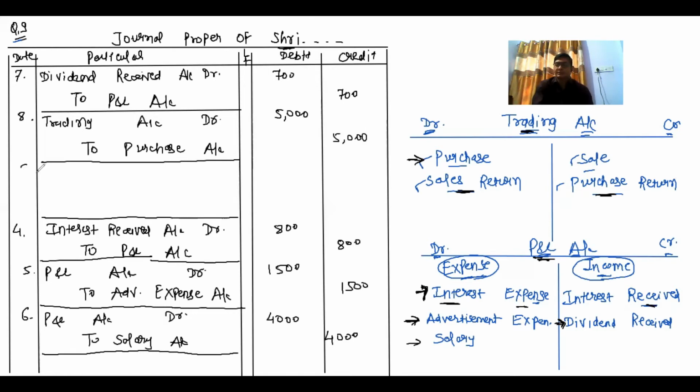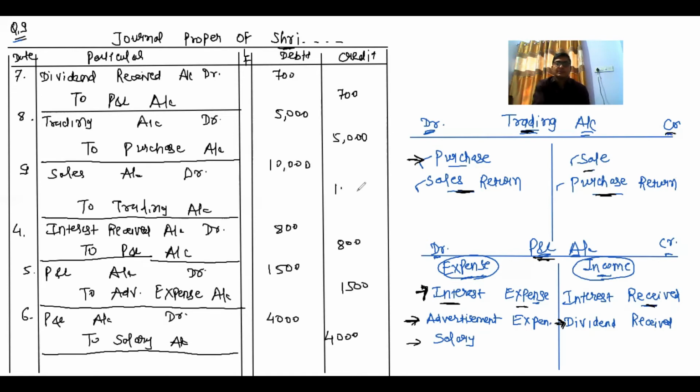Point number nine, sales account. Sales account is on the credit side of trading account. So trading account credit and sales account debit. Amount is 10,000. That's it.